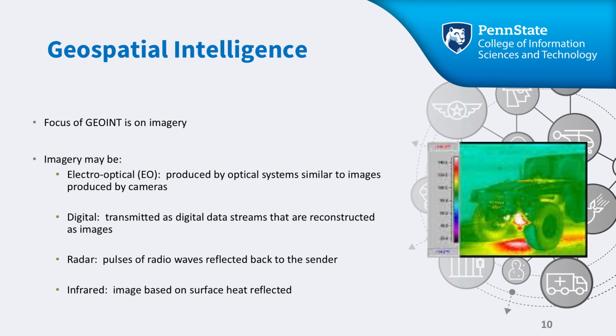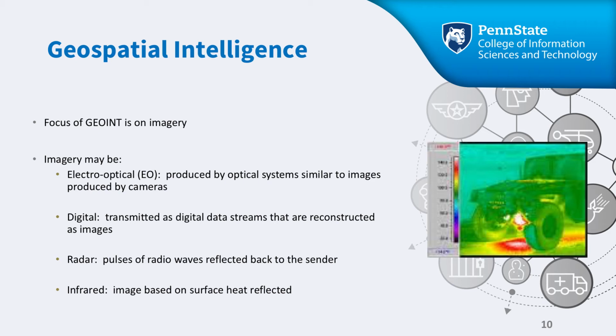These days, imagery can also be digital, that's transmitted as a data stream that is then reconstructed. Imagery can be radar images, pulses of radio waves that are reflected back to the sender, or infrared images that are images based on the surface heat reflected.